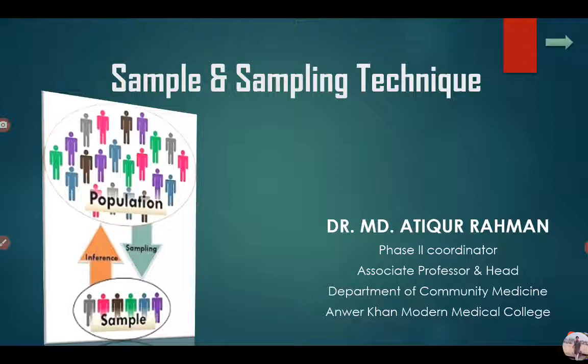That's why he or she has to pick up a sample from the population, which should be representative to provide near accurate results of his or her studies. That's why I think it is very important for a researcher to be very clear about the sample and sampling technique.